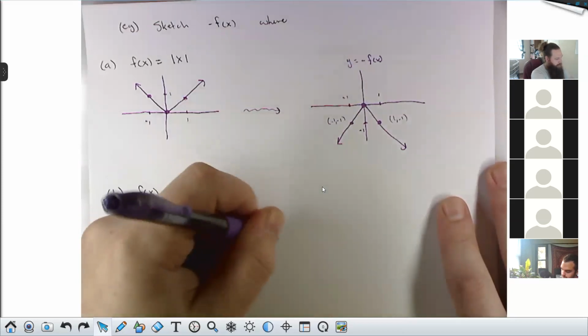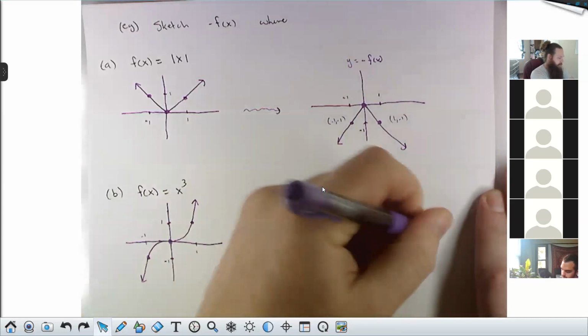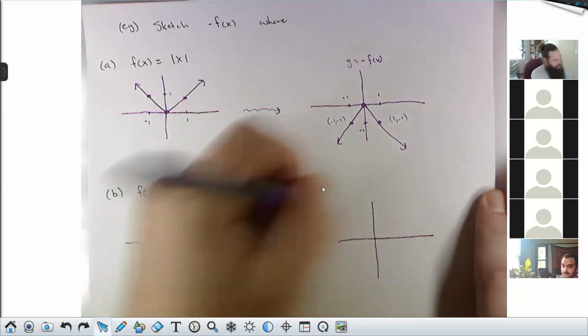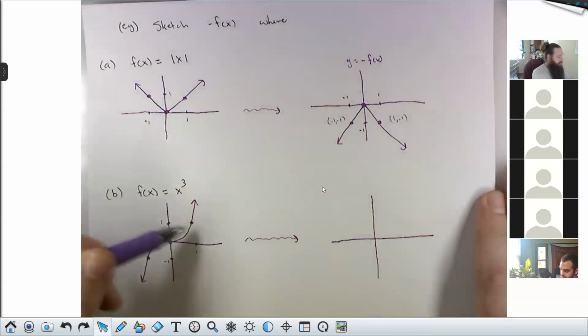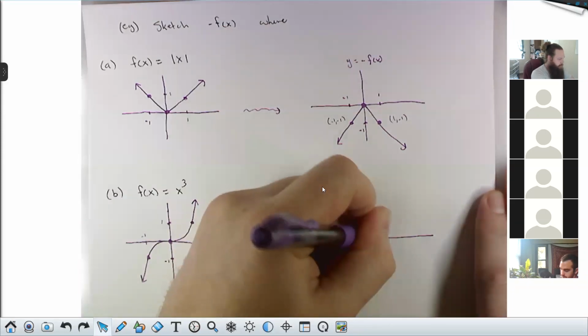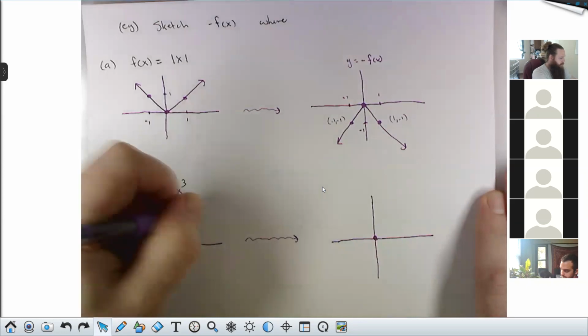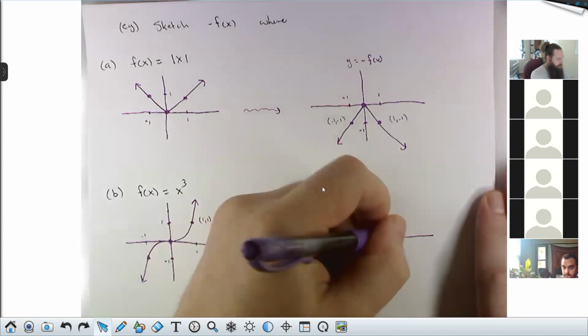And when I flip him over vertically, see, it's not that it's the same operation as a horizontal flip, it's a different operation. Instead of sending this point over to here, I'm going to send this point down to here. So 0, 0 is going to stay where it was. 1, 1, this point is going to get sent down here to 1, negative 1.